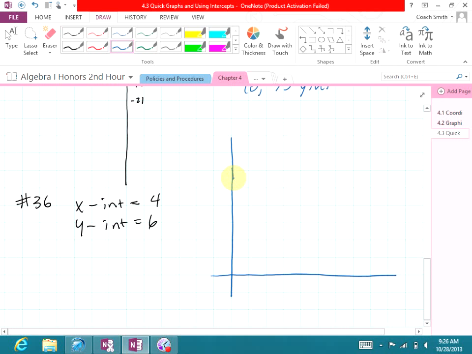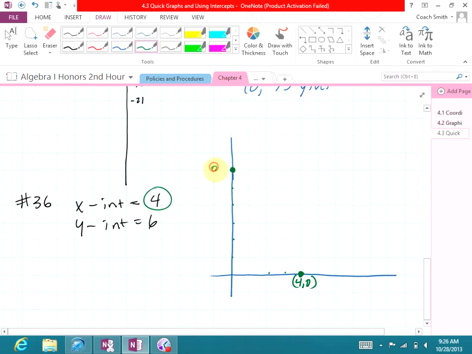Then I just graph the 2 points. The x-intercept is 4, so that's 1, 2, 3, 4. So that's where 4, 0 is. The y-intercept is 6: 1, 2, 3, 4, 5, 6.